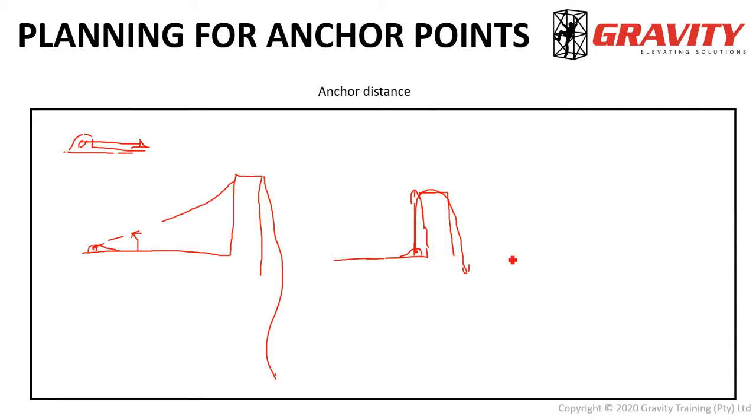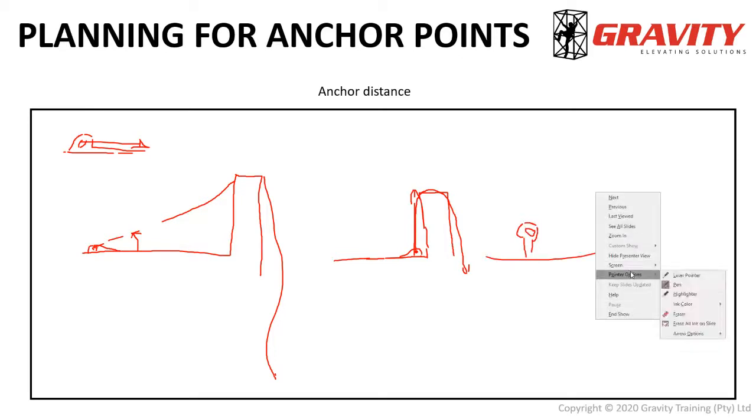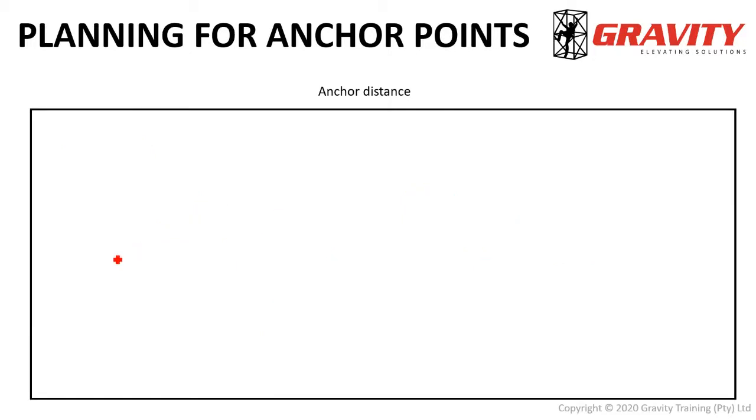If you're on site, some of the older sites may still have eye nuts on them as well. This will be the opposite case for the eye nuts. Let me just start this drawing over. If you have a rooftop with a parapet wall and you have an eye nut there, for example, the further away you are, the closer you get to pulling that eye nut in a shear direction.